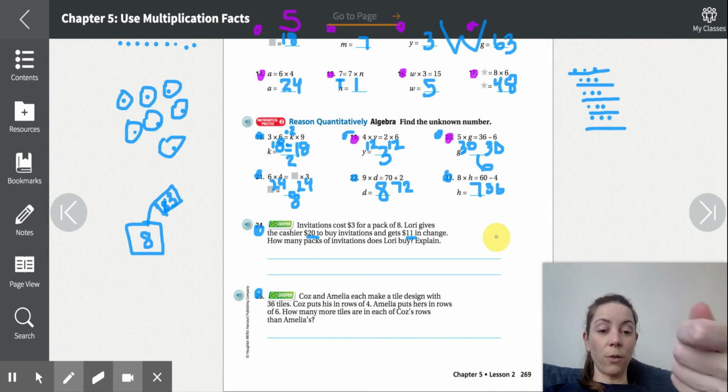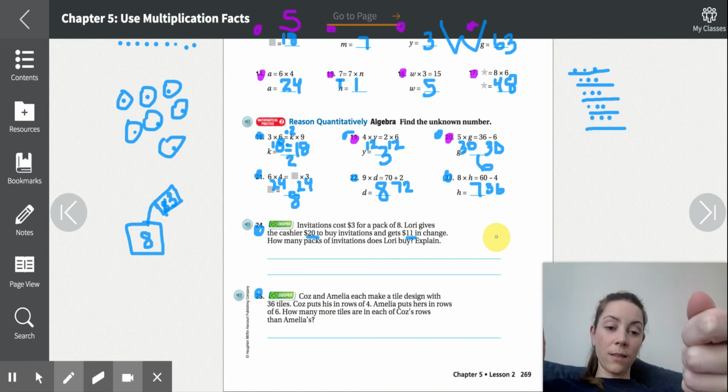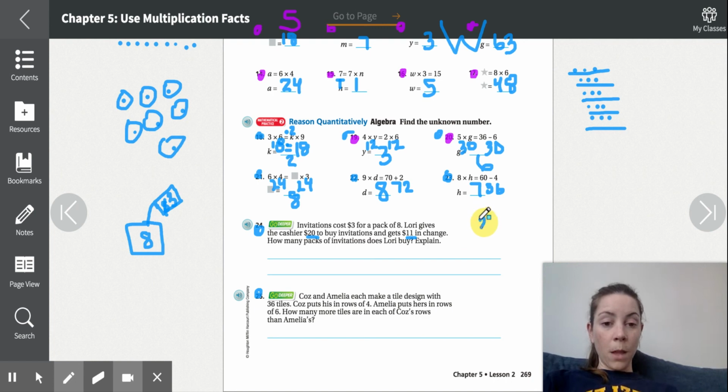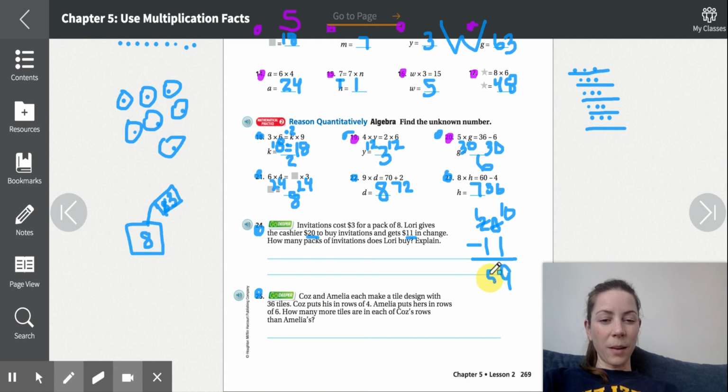She's giving her 20. The cashier's taking some out and giving her some back. So that would be subtraction, right? 20 minus 11. You need to regroup here. Ten minus 1 is 9. Now what does this 9 mean? 20 was how much she gave her. 11 was how much she got back.